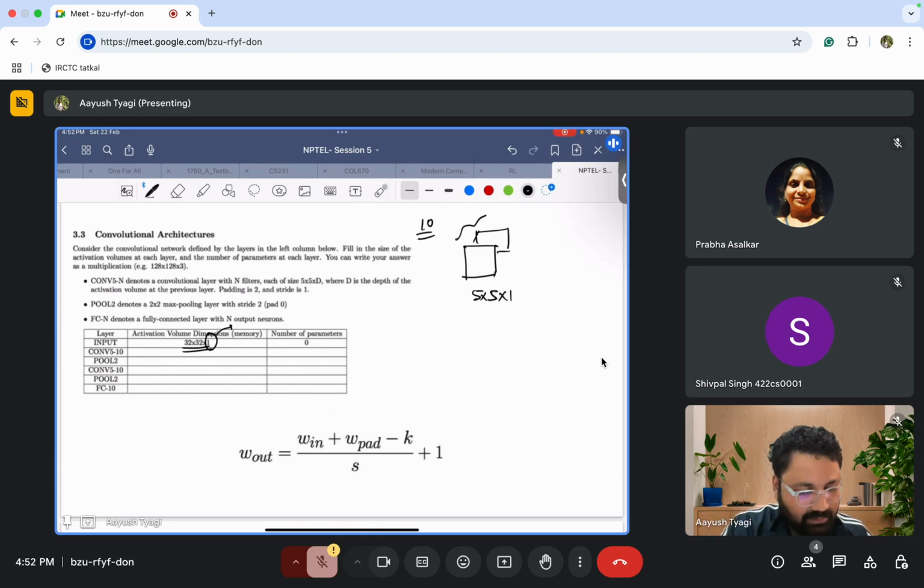What should be the output dimension if I multiply my input, that is 32 cross 32 into 1? Any guesses what it should be? So you have a padding of 2, stride of 1.